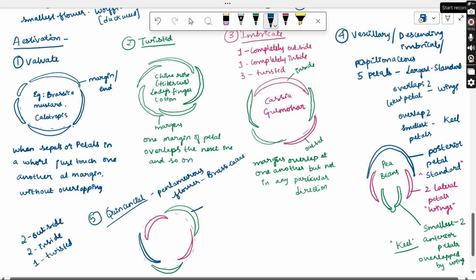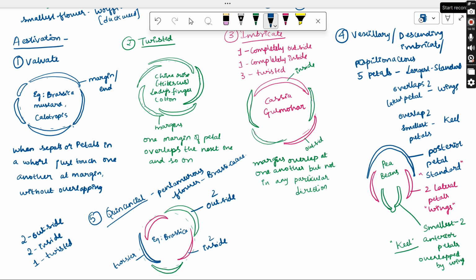So these green petals, if you just observe, are completely outside, and the pink ones are completely inside, and the remaining one is showing the twisted type of aestivation. This can be seen in the brassica or the mustard flower. This type we call a quincuncial type of aestivation.